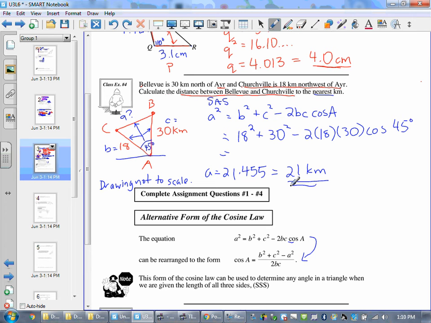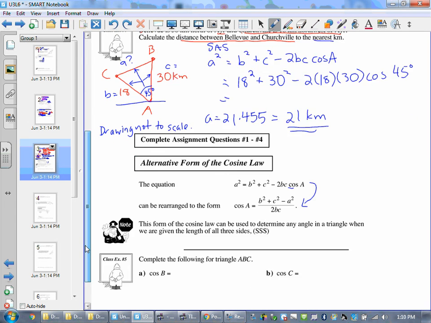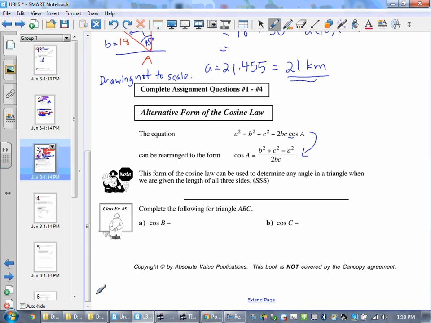We're not quite finished. We're going to look at the alternative form of cosine law. It's the same thing, just rearranged. So we get both forms on our data sheet, which is nice. With this one, we know three sides, so side, side, side.